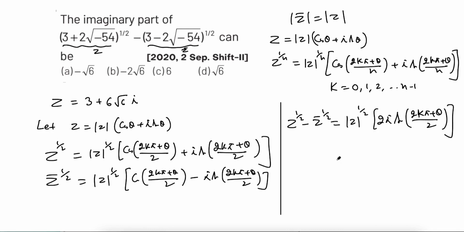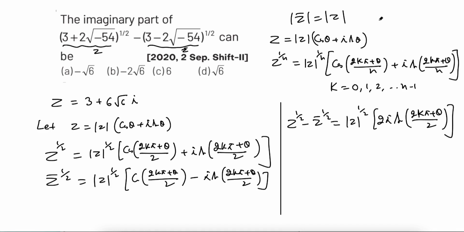This is what is going to come. Now you have to put different values of k and get the answer. If I put k equal to 0, it's sin theta by 2. K equal to 1, it will become sin of (pi plus theta by 2). So if you put k equal to 0, it will become what? I am writing it here, watch carefully.